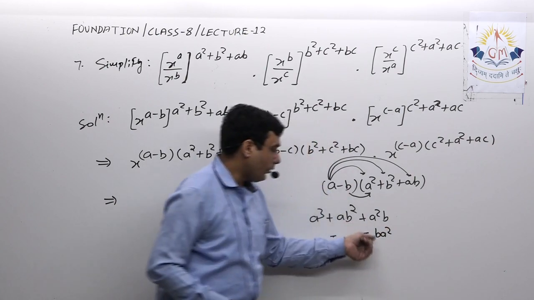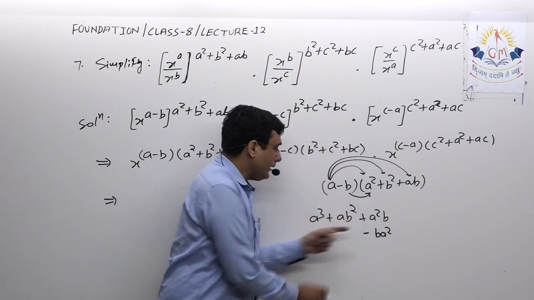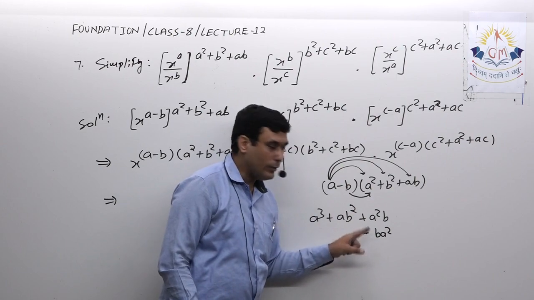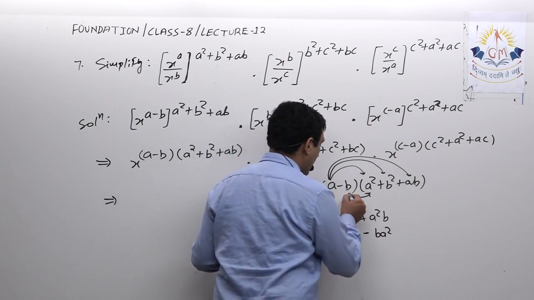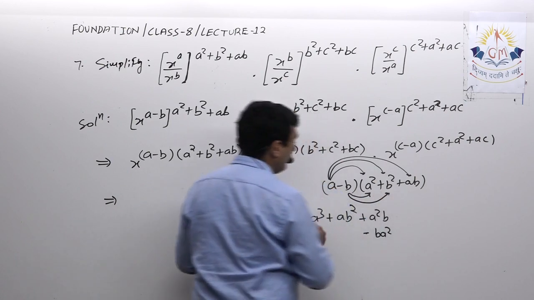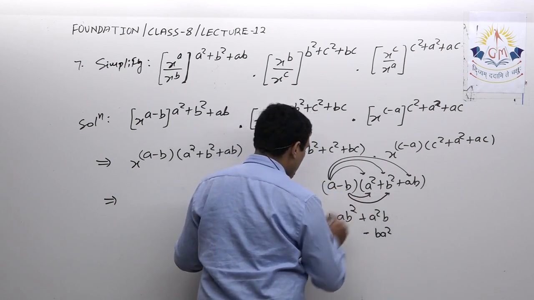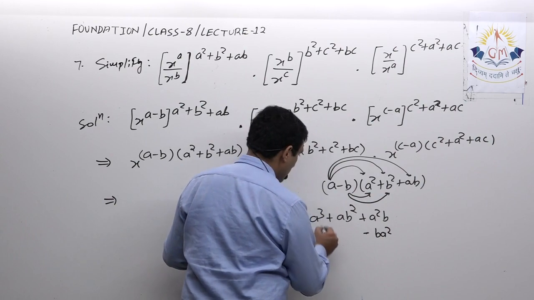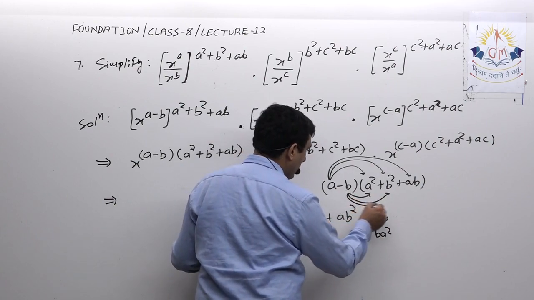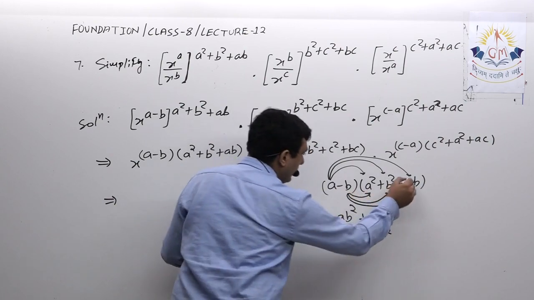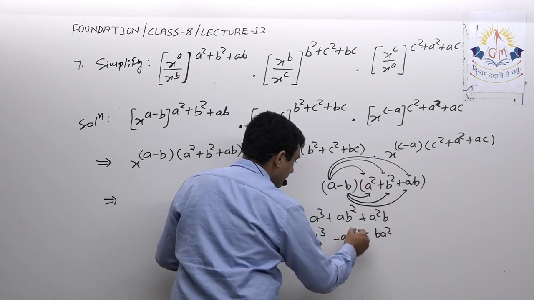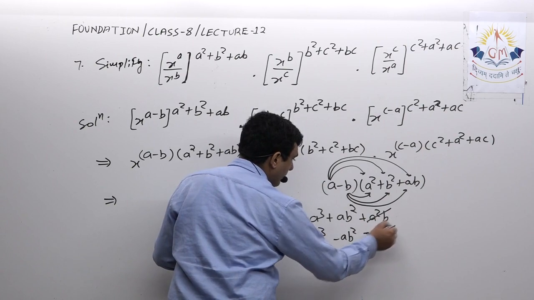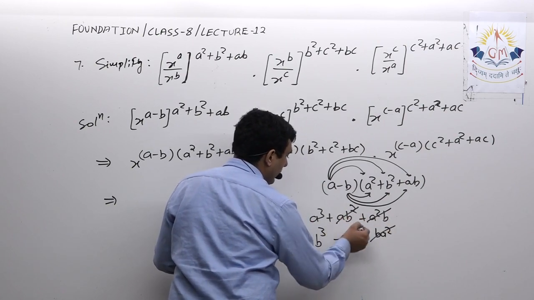And I intentionally wrote below this so that you can see these two terms are like terms with opposite sign, minus b a square. Now next, minus b into b square, that is minus b cube. Okay, and finally when I multiply this, I will get minus b into ab, that is minus ab square. Okay, so this plus a square b minus a square b plus ab square minus ab square.